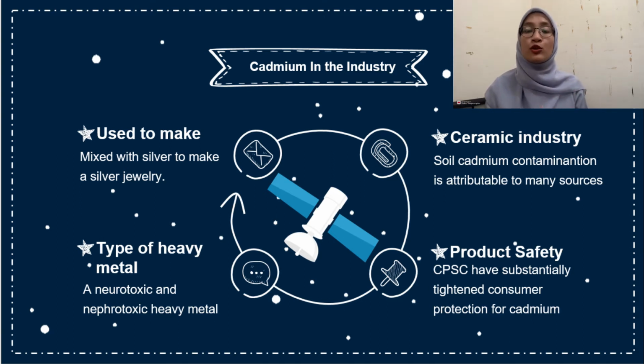Cadmium is a neurotoxic and nephrotoxic heavy metal, and there are no national policies to prevent exposure to such chemicals. Other than that, soil cadmium contamination is attributable to many sources, among them the ceramics industry, where it's probably an important contributor.